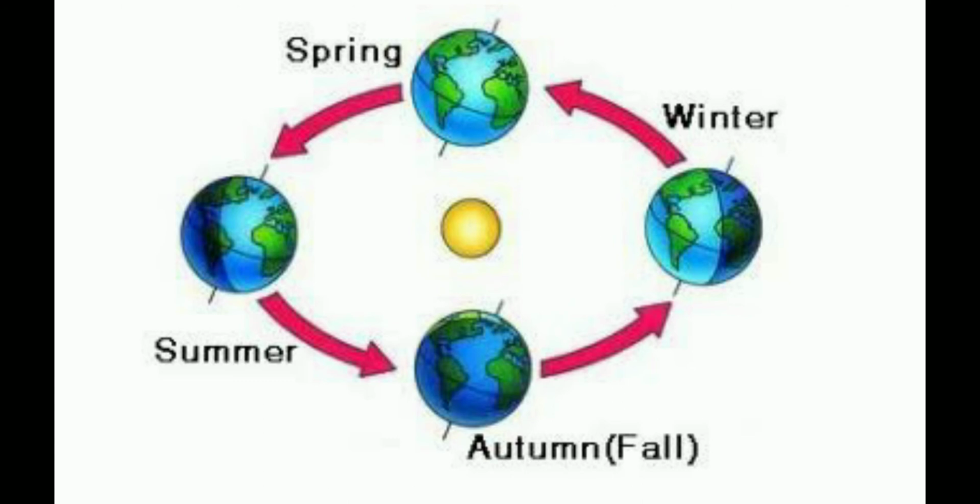Throughout the course of its journey around the sun, the earth experiences constantly changing seasons because as the earth is rotating, it is also orbiting around the sun, making a revolution. The seasons that we experience throughout the year are caused by the earth's revolution and because of the tilted axis of the earth.